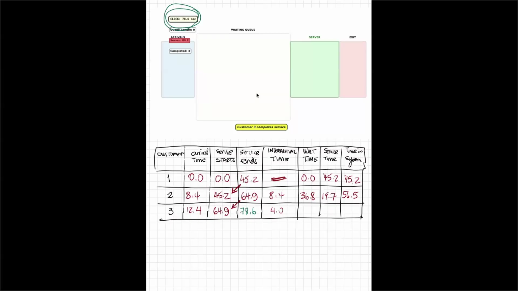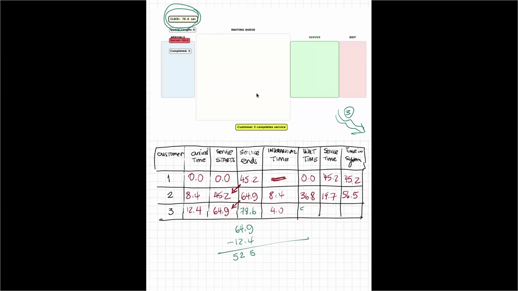Maybe you can see customer 3 just leaving. This is customer 3 leaving the system. So what can we do with that information? The wait time is 64.9 minus 12.4, right?